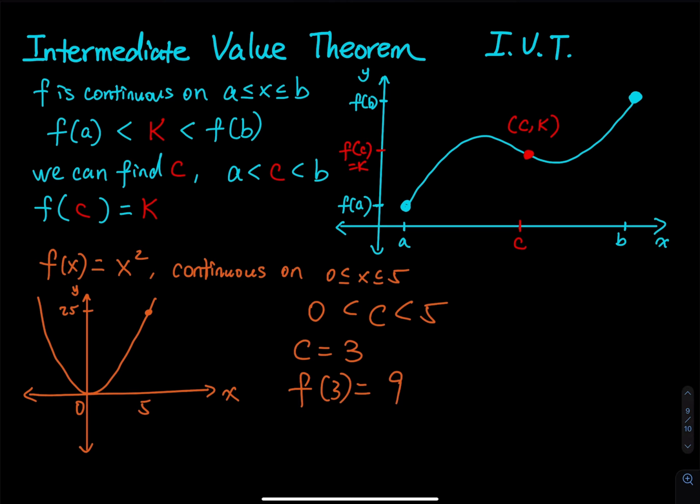So c is equal to 3 right over here, and 3 is between 0 and 5, and f of c is equal to k. So this is 9, right? When x is equal to 3, y is equal to 9, and this is my point c, k.